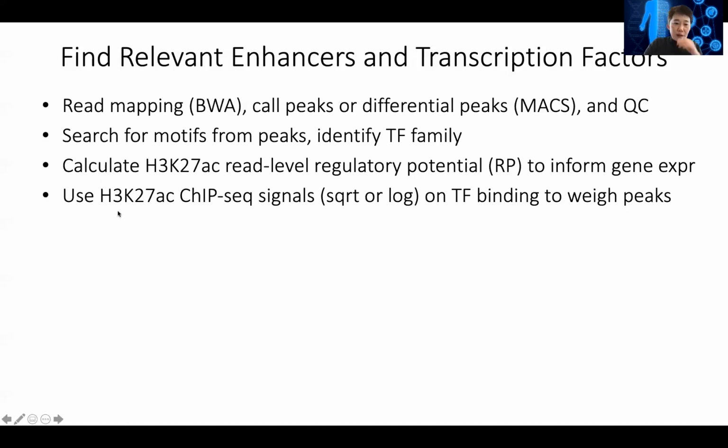And so you can use the K27 acetylation ChIP-seq signal, probably at the read level, and do either a square root or a log of the K27 reads in that peak to weigh the transcription factor binding peak and see whether they have an effect on nearby genes. I think that actually usually gives you better results.